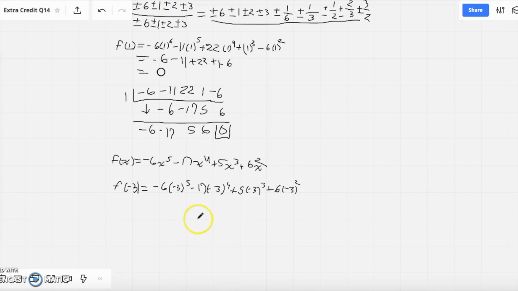When we multiply this out, we get 1,458 for negative 6 times negative 3 to the 5th. Then minus 1,377, then minus 135, and finally plus 54. When you add all these numbers up, it comes out to 0.